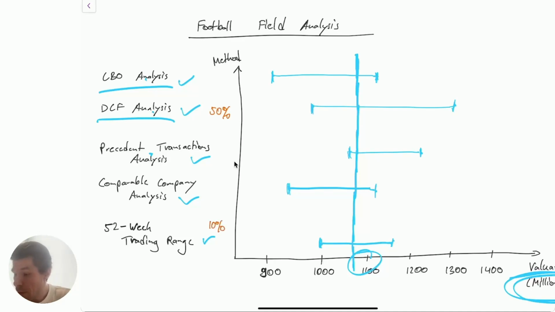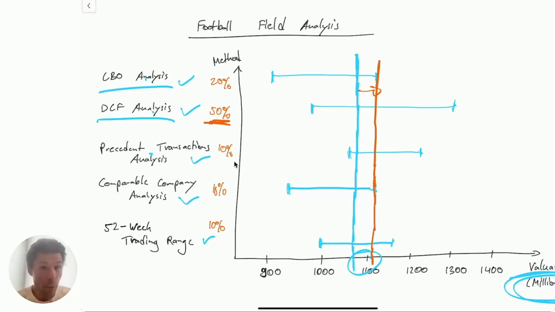Then we may use, for example, 10, 10, 70, 10, 10. Then potentially, because we're using 50% here, maybe your bar chart would move more to the right. It depends on the weight.